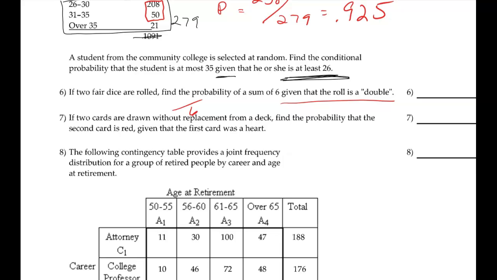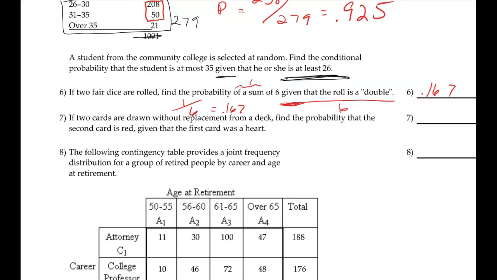Well, only one of them, 3, 3. So it's simply 1 out of 6, which is rounded to 0.167. All right. Again, that given really limits. There are 6 doubles, and only one of them has a sum of 6.